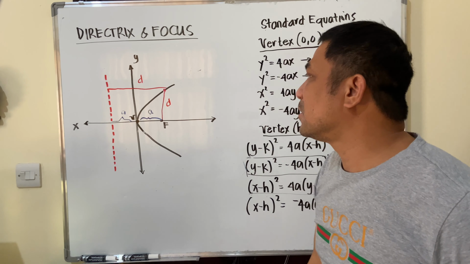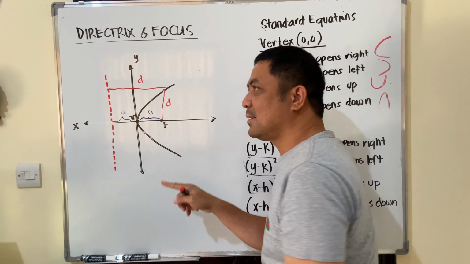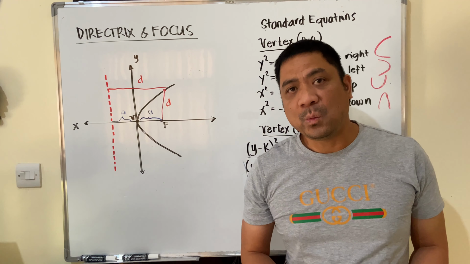Bear with me, these are not drawn to scale, but the concept is like that. You can choose any point on your parabola, and the distance from your focus to this point and from this point to your directrix are always equidistant.